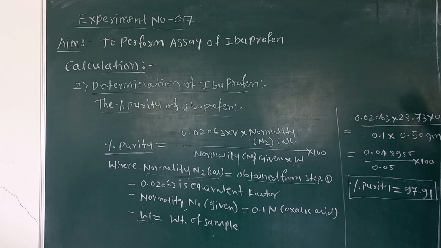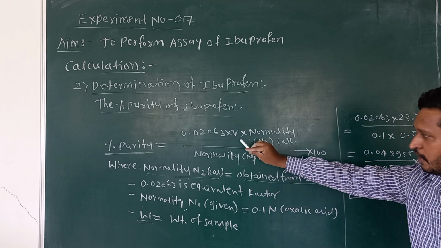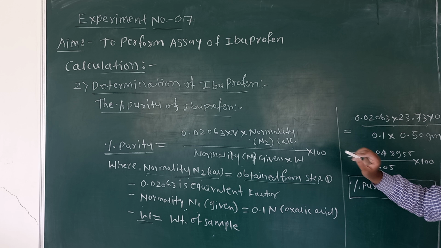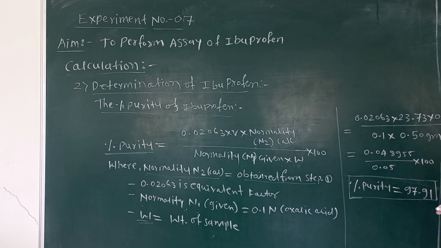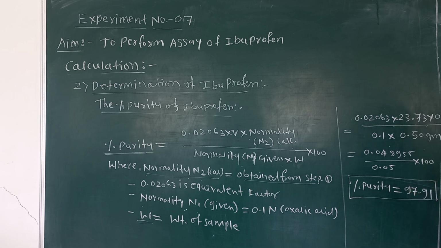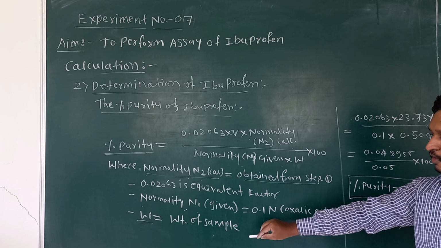Now the V value is the mean of our assay titration of NaOH with ibuprofen, which is found to be 23.73 ml. Next is the normality N2 from the first part, which is found to be 0.1 normal, divided by 0.1 normal, the normality N1 given in the procedure for oxalic acid, × 0.5 gram, the actual weight of ibuprofen taken.